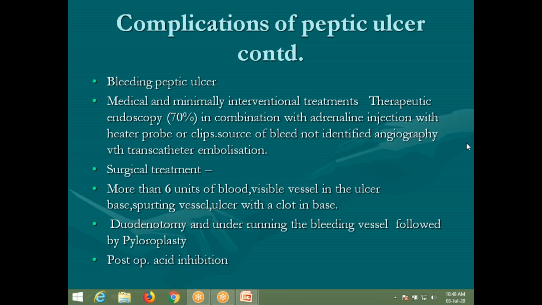If still the source of bleeding is not identified, then we can plan for an angiography. Okay, with the help of angiography, you can identify the location of the bleed and you can plan a transcatheter embolization.